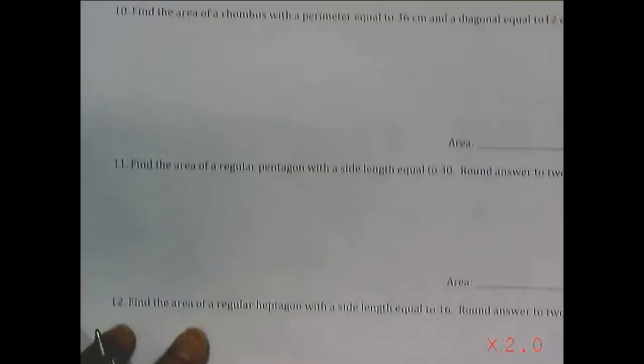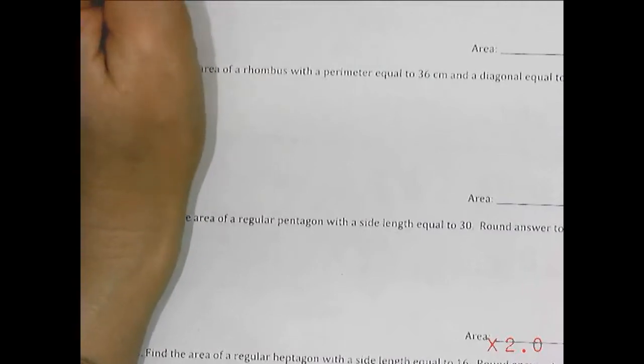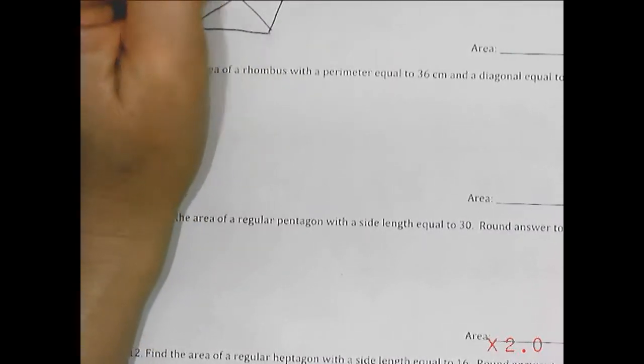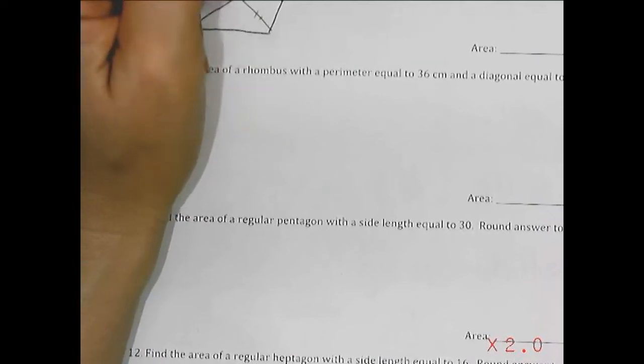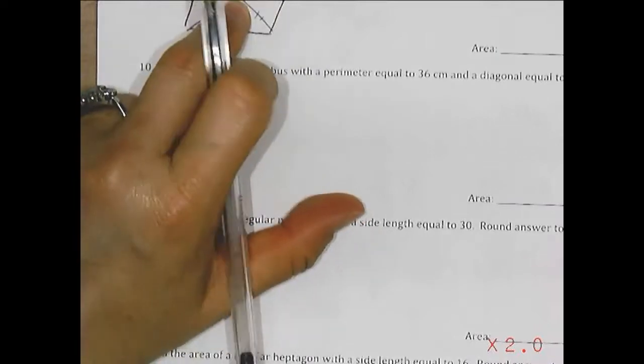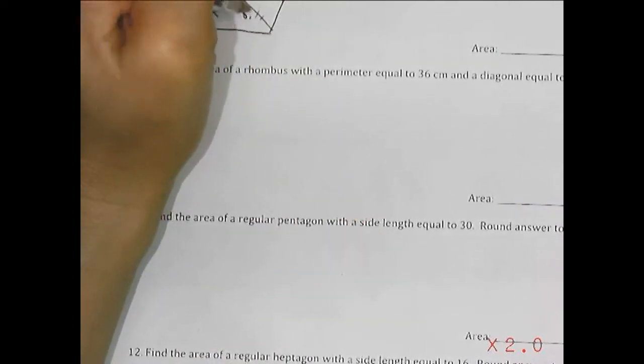It says find the area of a rhombus that has diagonals that are 13 and 19 inches. So I'll draw a rhombus and hopefully remind you guys that the diagonals of a rhombus bisect each other, and they're perpendicular. So if I know that one entire diagonal is 19, then I know that this part of it is 8.5.